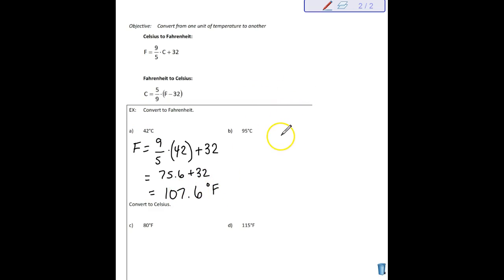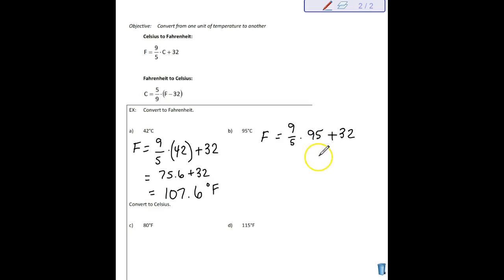That's pretty warm. Okay, what if I have 95 degrees Celsius? Same process. I'm using this formula here. I have 9/5 times my 95 degrees and then plus 32. Remember, order of operations, we have to multiply first.